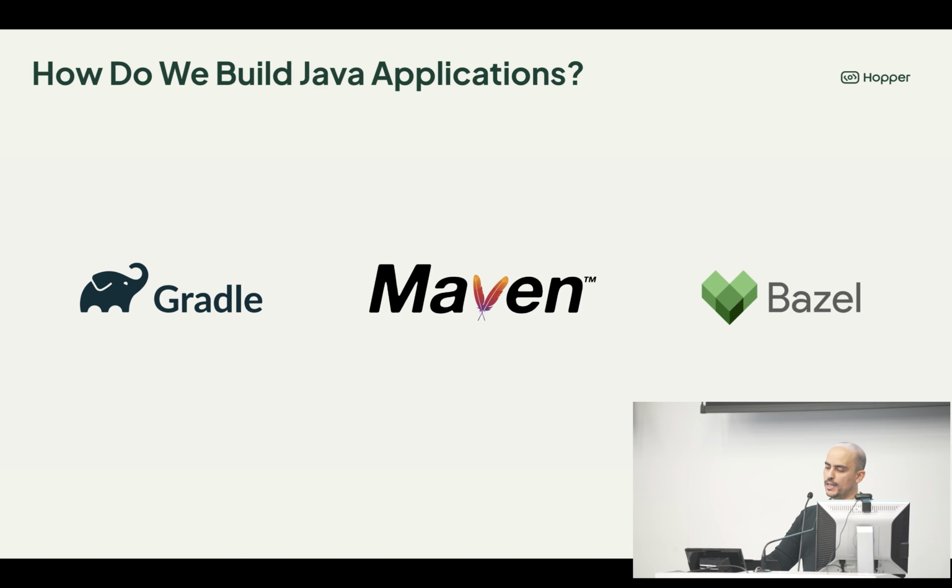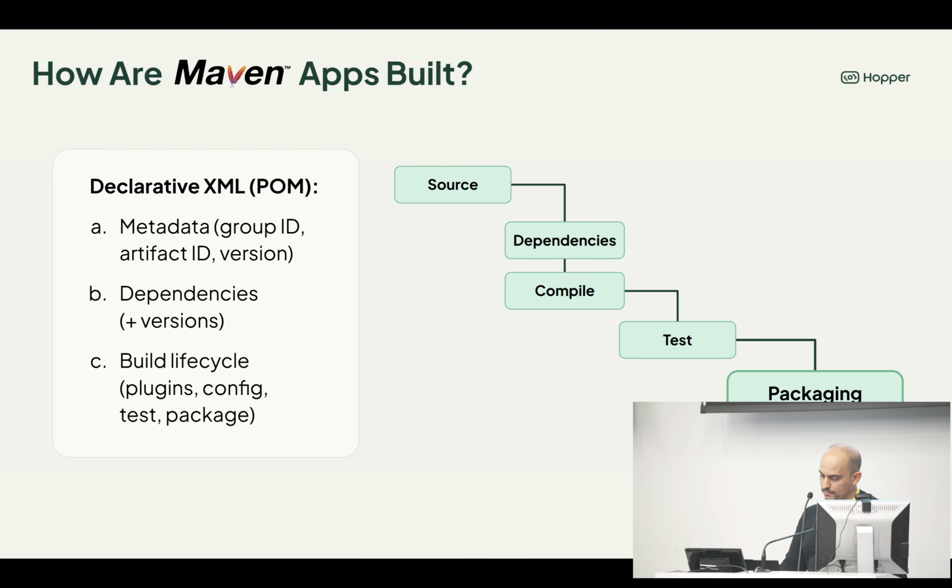We have today three major build systems. We have the largest one, which is Maven. We have also Gradle, a script-based build system, like a makefile in C and C++. And we have Bazel by Google, which is more oriented to build performance and reproducible builds.